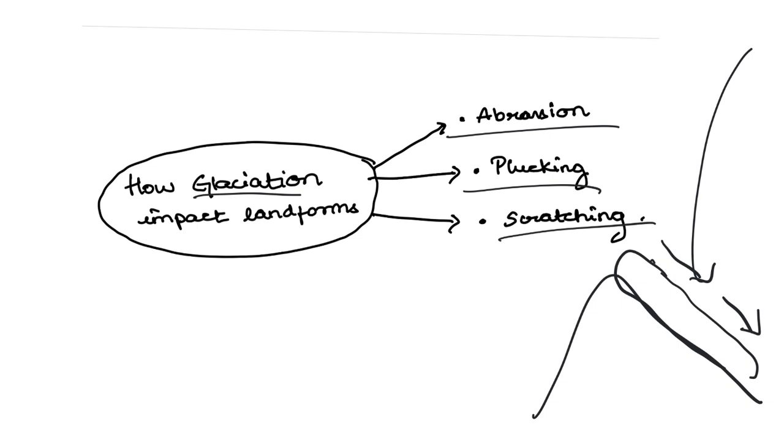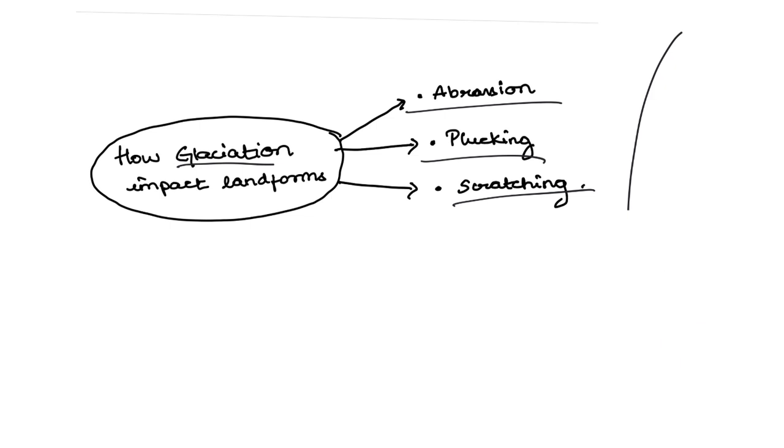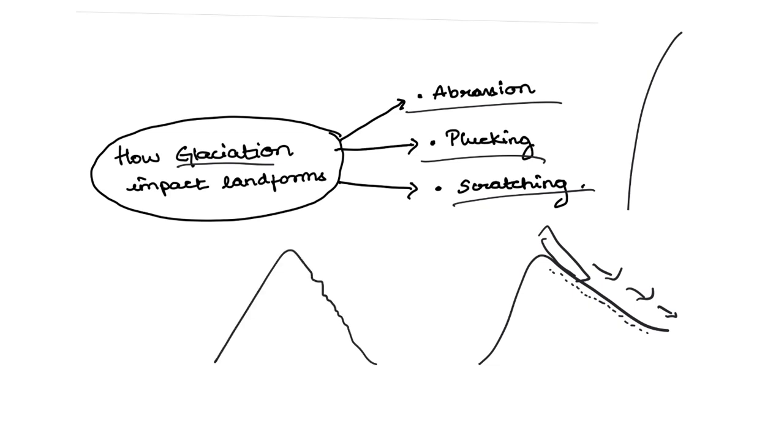So what happens in abrasion, just one minute. In abrasion, here it is a mountain and here you have a glacier. Okay, this is a glacier. So if the glacier is moving down the slope, erosion happens here. The minute sediments here are also carried by the glacier as it moves, right? So what happens, even if the mountain has some unevenness, due to this abrasion it becomes softer.